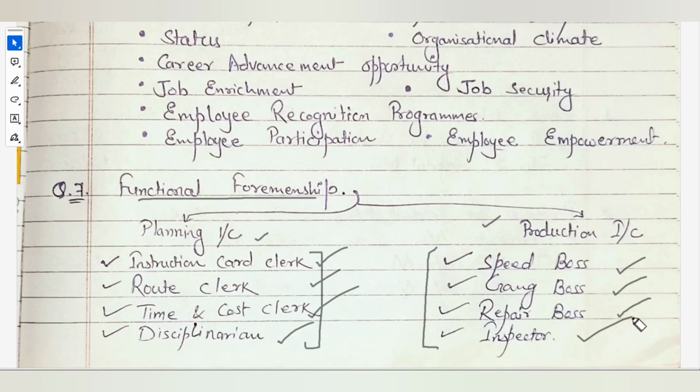You will be awarded 1 mark for correct identification of functional foremanship, and the remaining 5 marks for the detailed explanation of the technique as functional foremanship, in which you have to explain these major parts, that is planning in charge and production in charge, with all four specialists in their area.